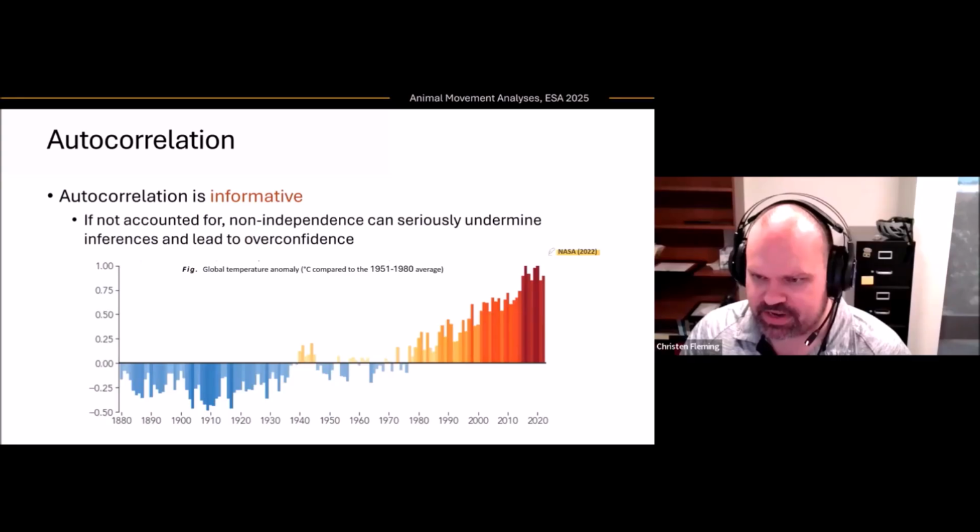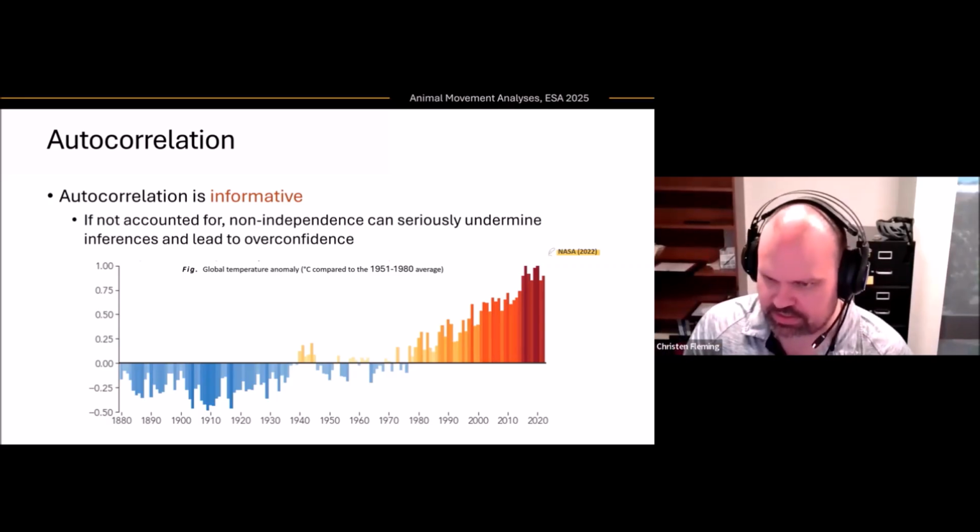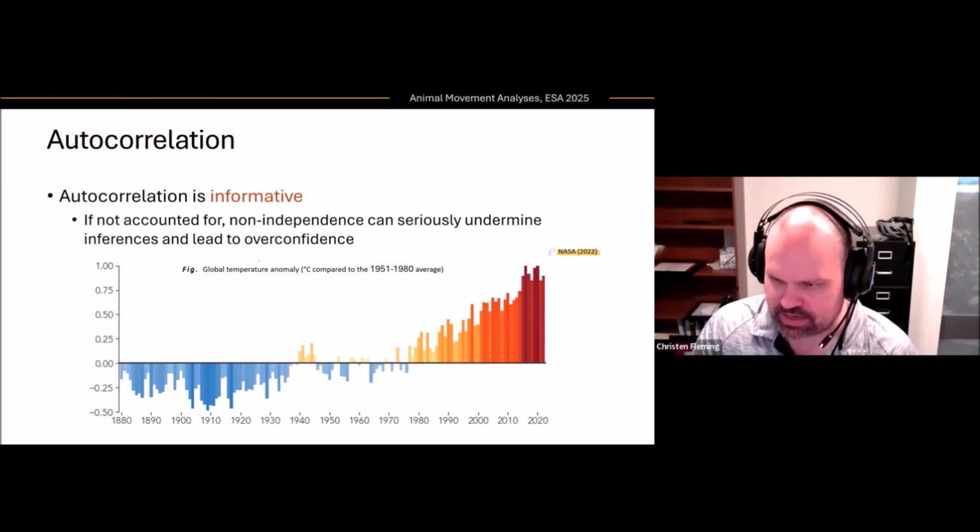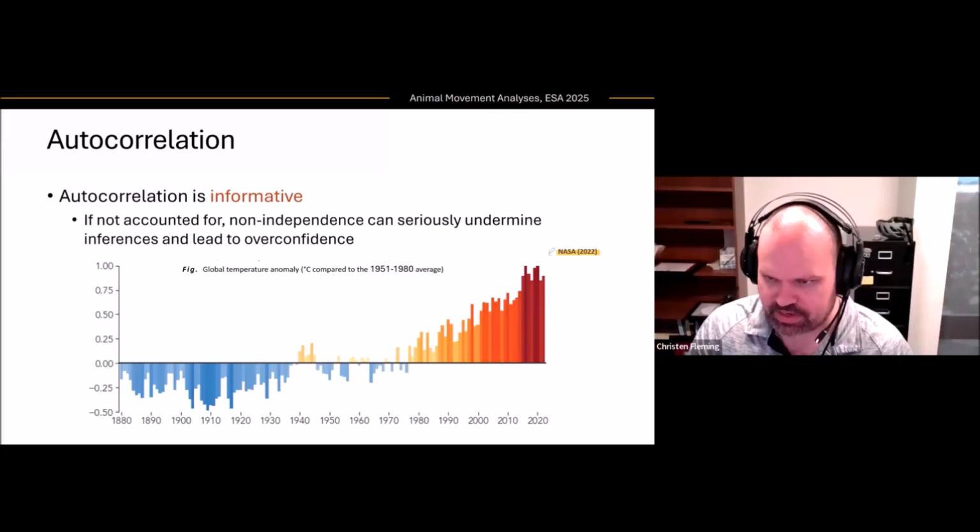And autocorrelation is very informative. A lot of times in many processes, the actual autocorrelation has most of the things that we're interested in. It's not always the trend of a process that is the only interesting thing. A lot of times the variance is also interesting, and a lot of times the correlation in the variance is interesting as well.